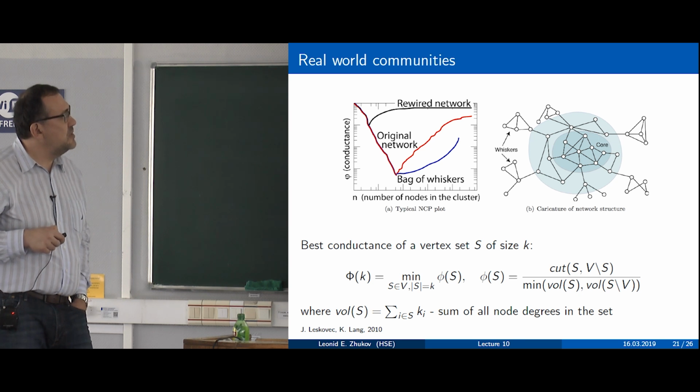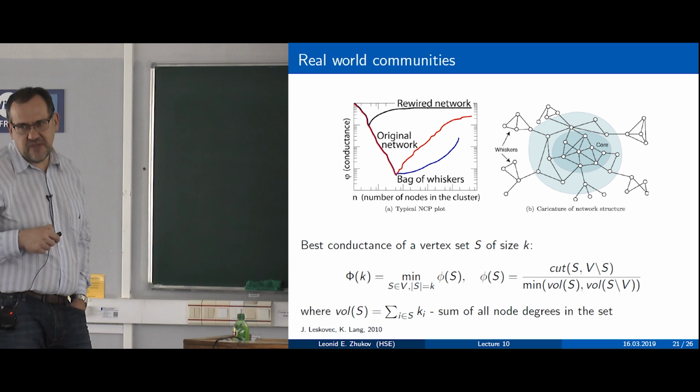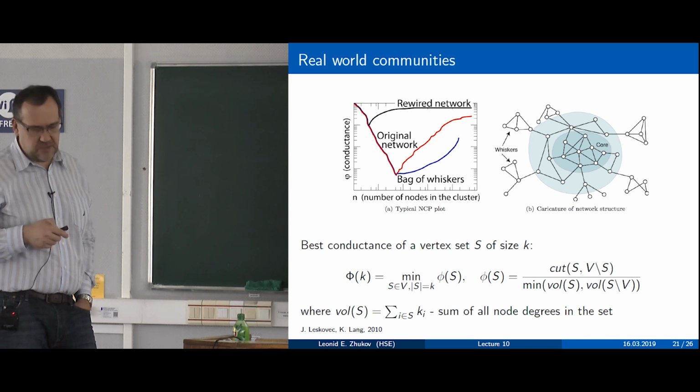It typically reaches its minimum when the size of the community is around a couple hundred nodes. So they claim that in most graphs, especially social graphs that we see, the community size is around a couple hundred. That's sort of what's out there, right?